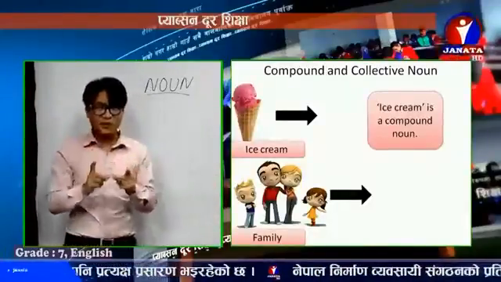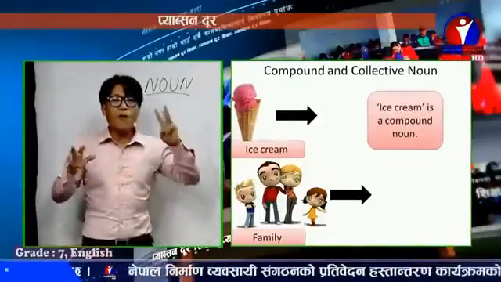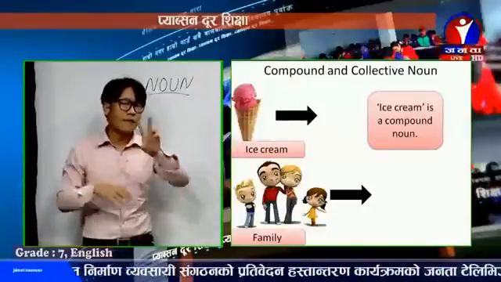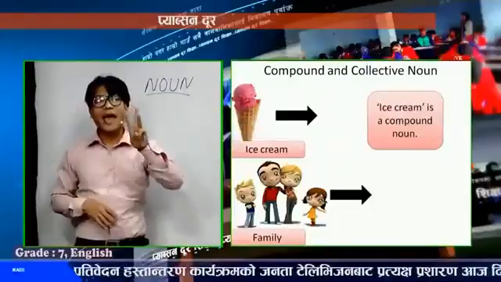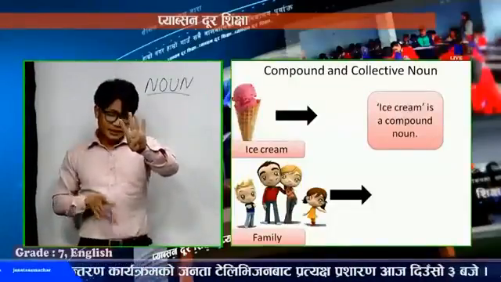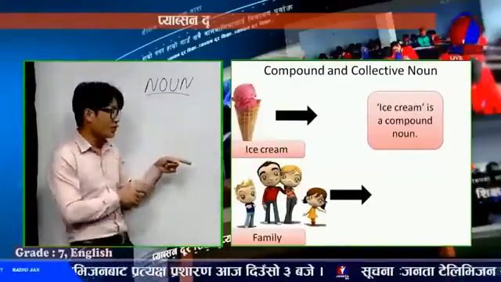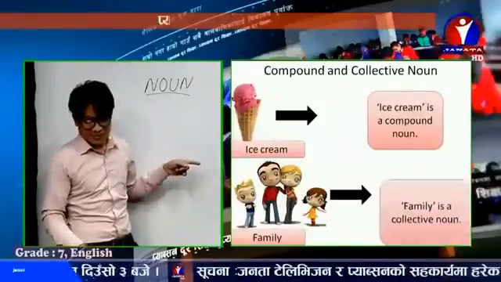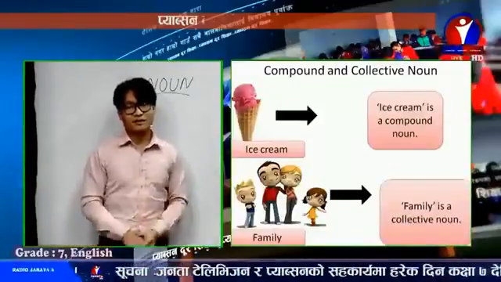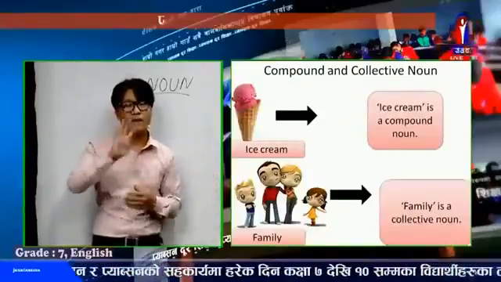This word family collects four members: father, mother, son, and daughter. You can see it in the picture also. That's why family is a collective noun, because this word has collected four members.